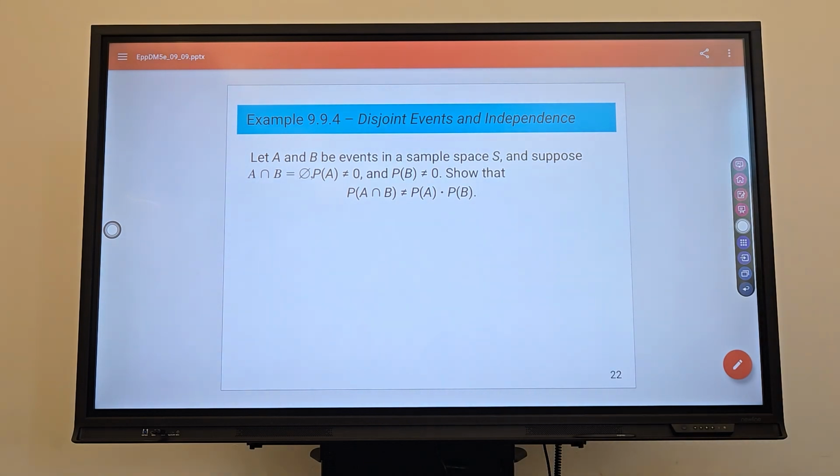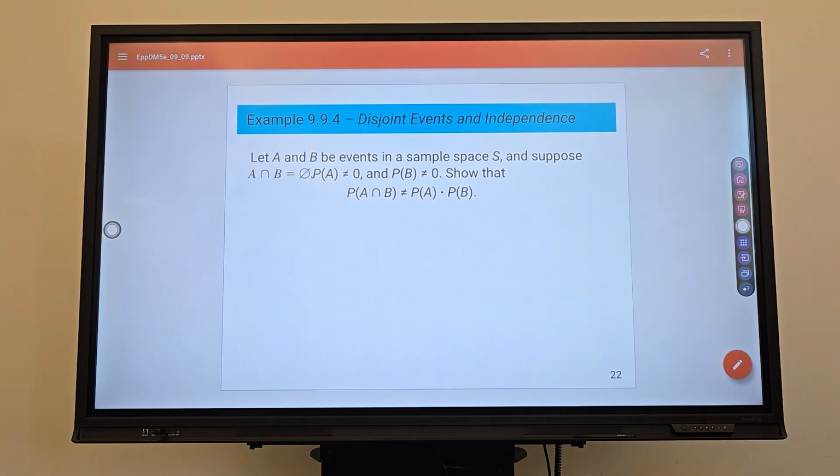Let A and B be events in a sample space S, and suppose that A intersect B is null, and the probability of A and the probability of B are not equal to 0.